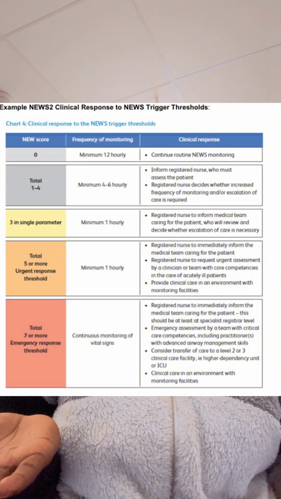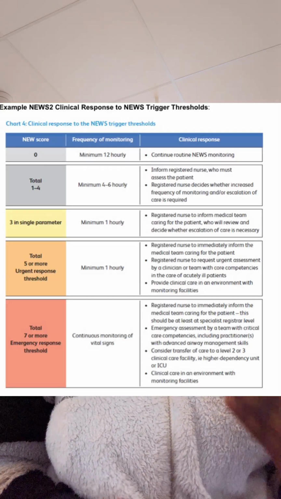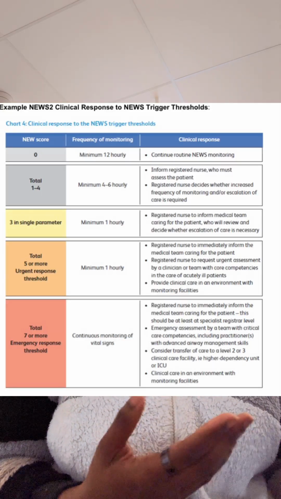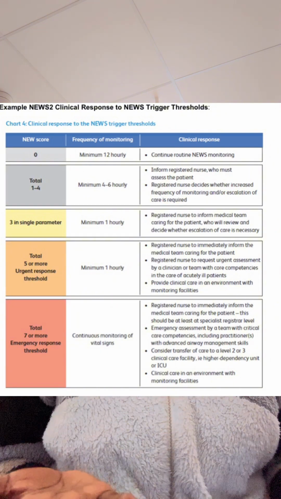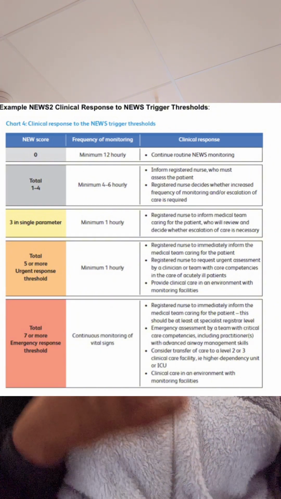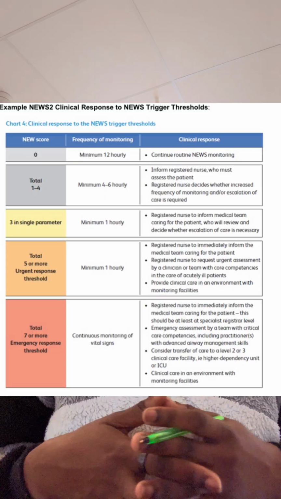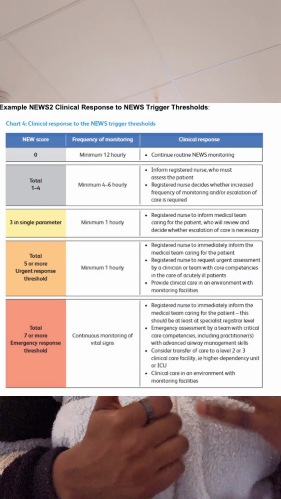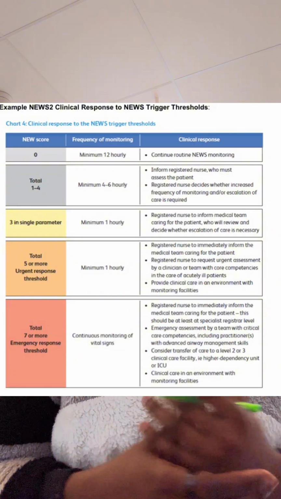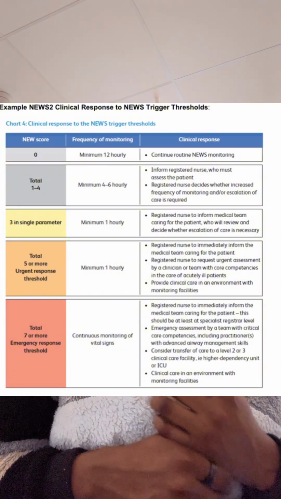That is nothing to worry about, unless the oxygen demand has to increase. If even though the patient is on oxygen, the patient is still not making it up, then I'll escalate. But because it's a score of 2, it doesn't necessarily mean that you have to escalate. That's why it says you decide whether you need to escalate or adjust the frequency of monitoring. So it's up to you, between 4 to 6 hourly.